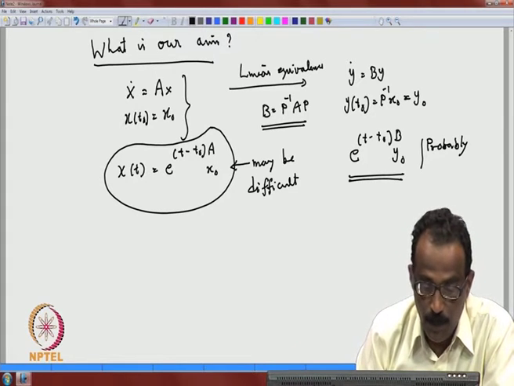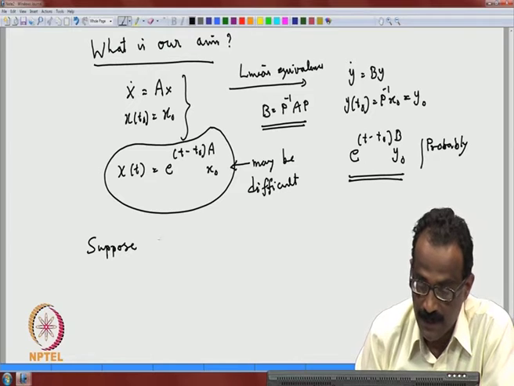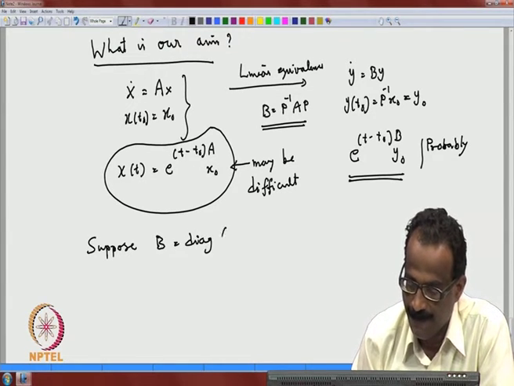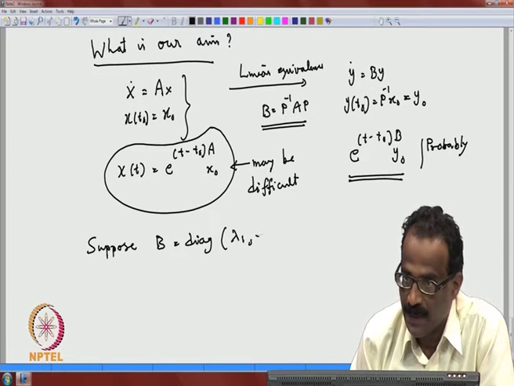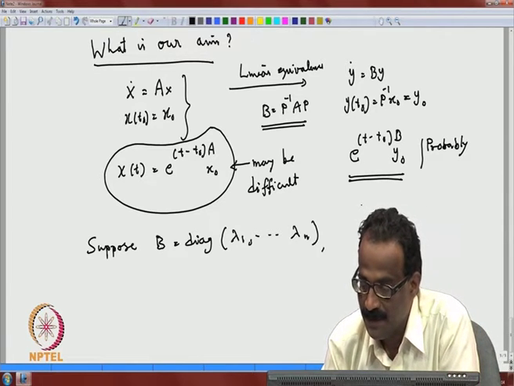Suppose B is diagonal, with entries lambda 1 up to lambda n. Then what is the solution y(t)?